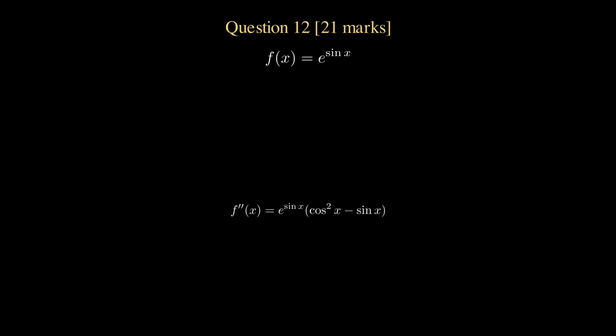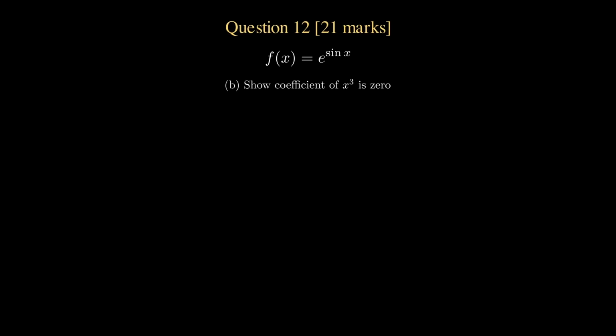Using the product rule, f double prime of x equals e to the sin x times cos squared x minus sin x. Evaluating at x equals 0, we get 1 for all of them. Substituting into the Maclaurin formula gives f of x equals 1 plus x squared over 2 factorial plus higher order terms.